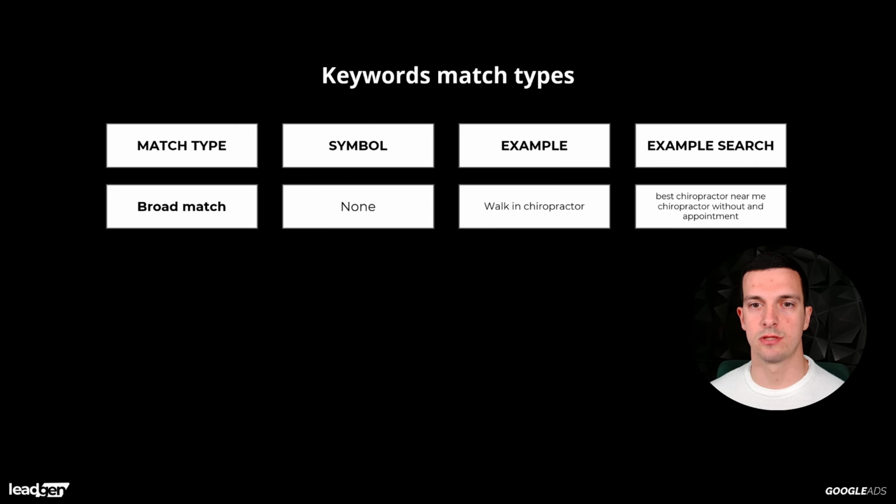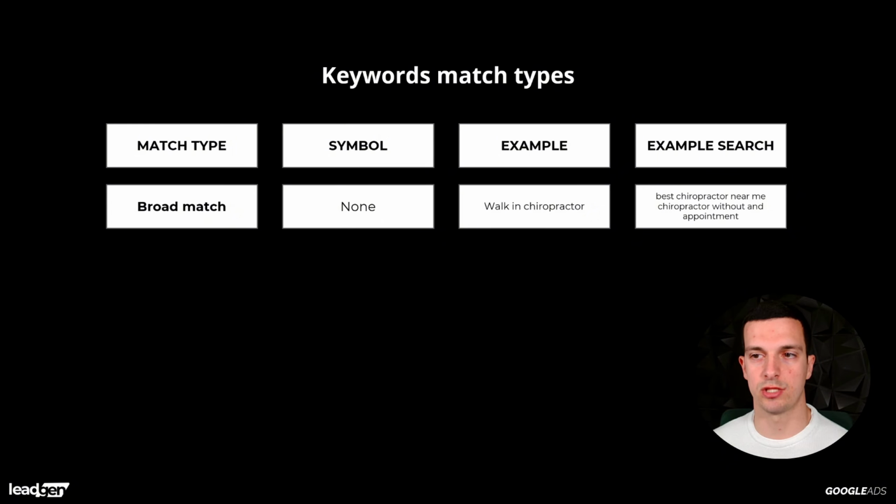Keyword match types. So we have 4 match types. We're gonna cover these right now. The first one is broad match. The symbol is like none. You just type in the keyword, like in this example, walk-in chiropractor, and an example search where the keyword would be triggered would be best chiropractor near me, chiropractor without an appointment.